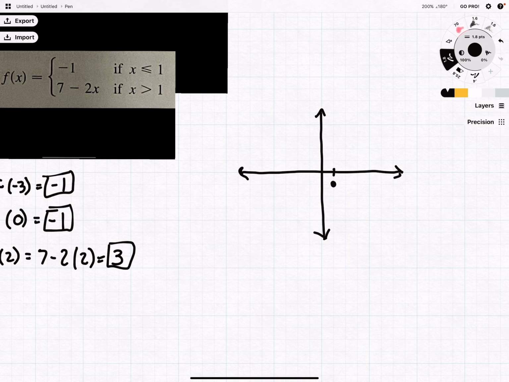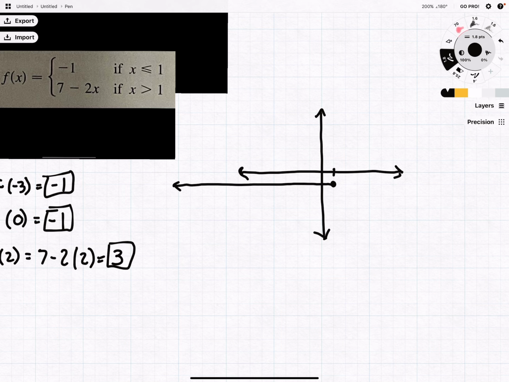So we're going to start at x equals 1. Anywhere behind x equals 1, we're just going to have that y value of -1 with a closed circle, right? That closed circle is because x can be equal to 1.